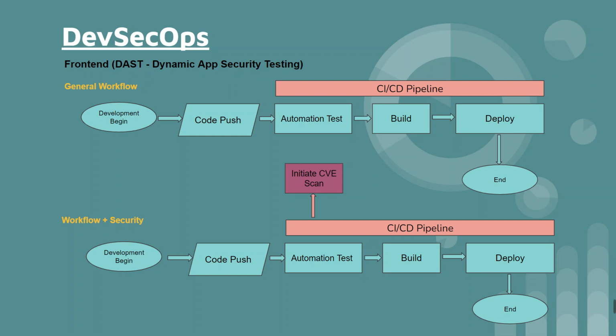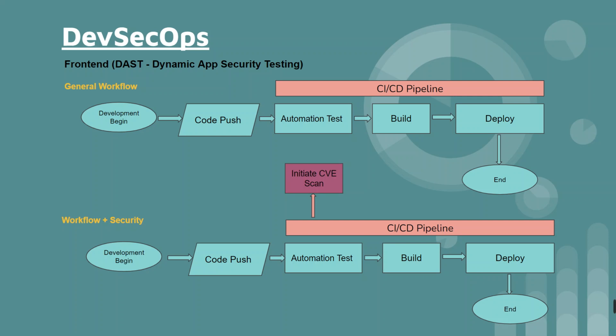That's where, if you look at the next section, workflow plus security, the security comes into the picture as part of the CI/CD pipeline. Let's try to understand with a real life example.